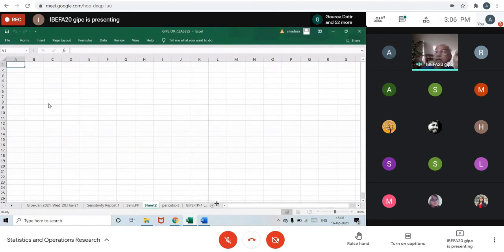But from the point of view of further strategy development, if you have the constraint table in the sensitivity report, you can study it. That is what it indicates.